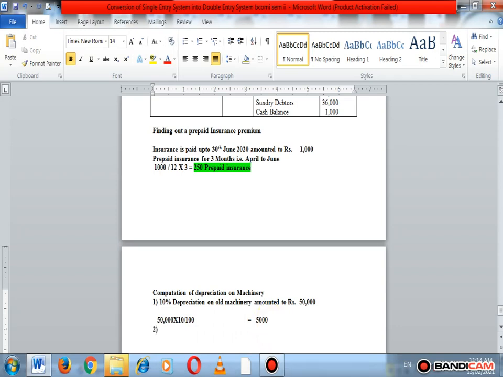Second, 10% depreciation on new machinery amounted to rupees 600, I think so. Okay, so see the problem.